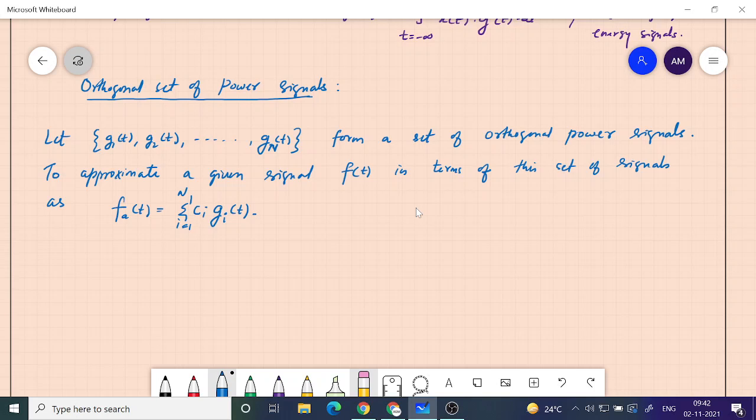They form a property. The power orthogonal signals have the following property.